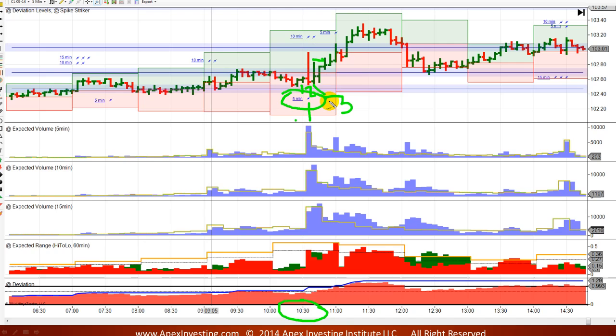So, simple question for you. Did this bar break this bar's high? I had to wait for it to close, right? You can't break a high till you close. The high is the top of the bar. Did this bar break the high of this bar? Did it go higher than that bar? Yes or no? And I know it's a really simple question, but it's essential to actually understanding the strategy. Okay? So, it didn't happen. So, do I have a trade?